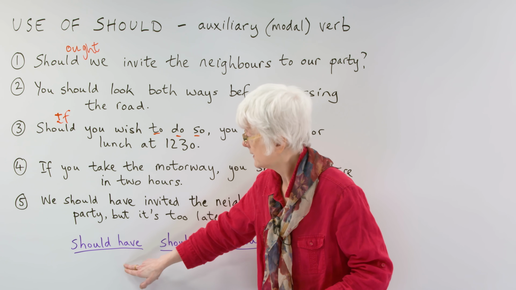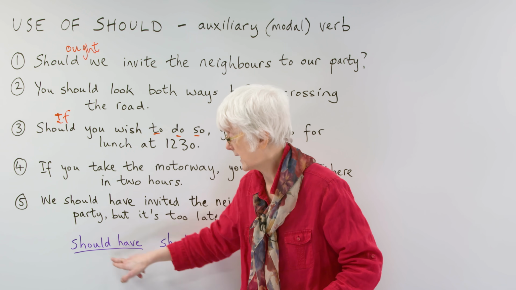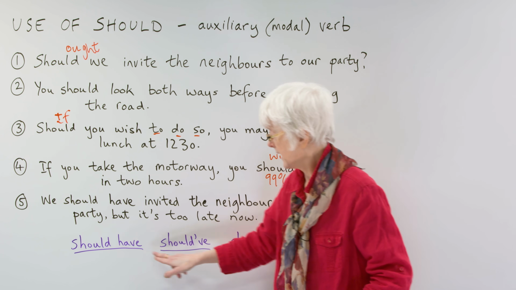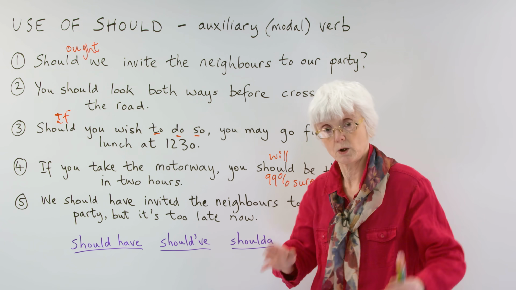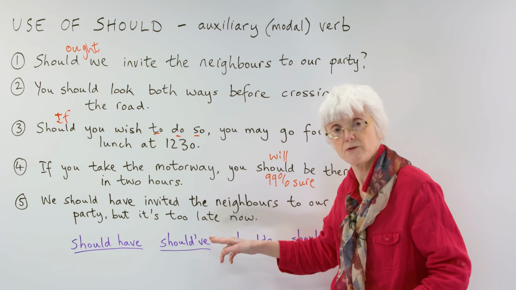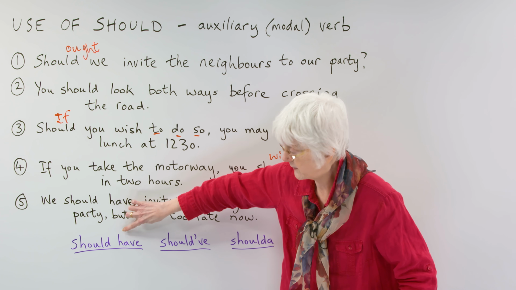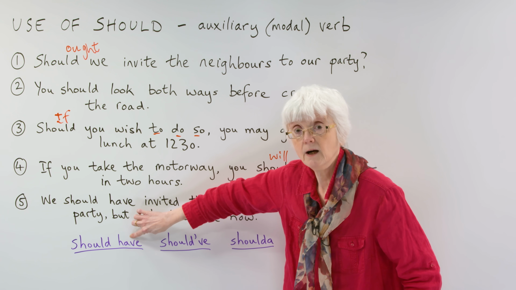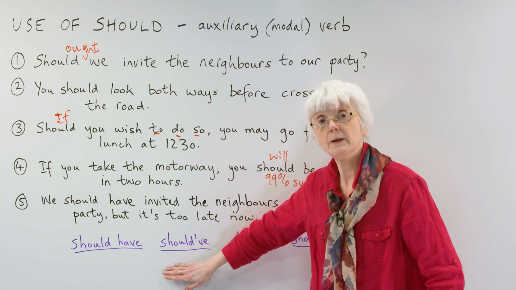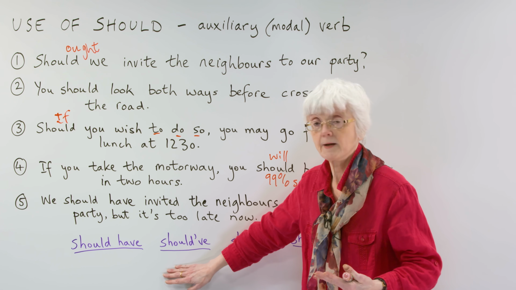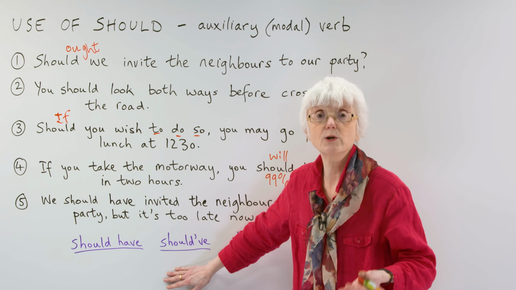this is in full, should have, like there, and you can abbreviate it or contract it with apostrophe VE. So the apostrophe shows that the H and A are missing, because when people are speaking, they might say should have, should have.